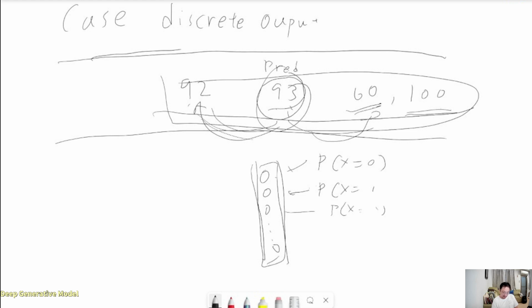So by outputting these 10 things, usually you use softmax to make the logits become probabilities.